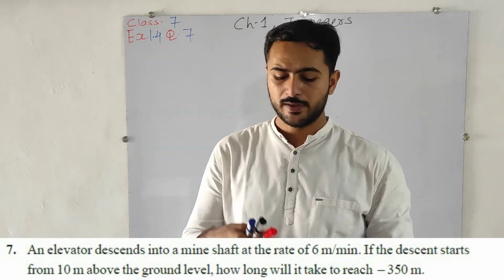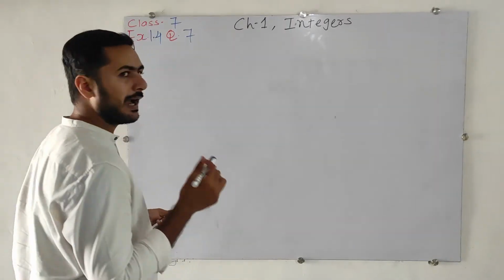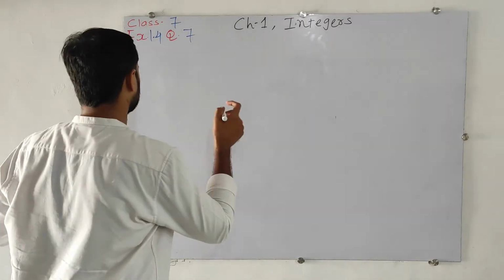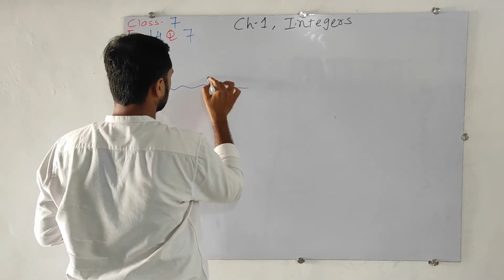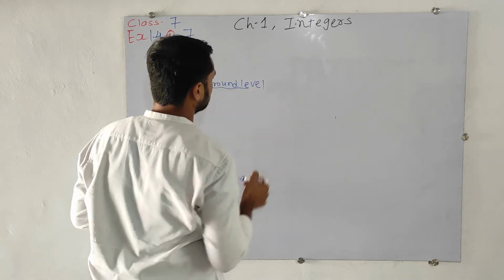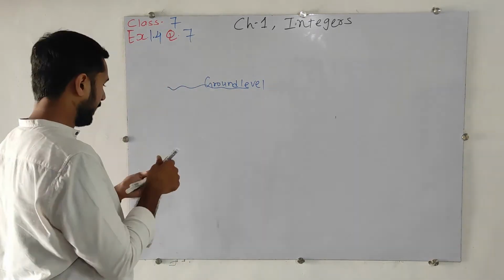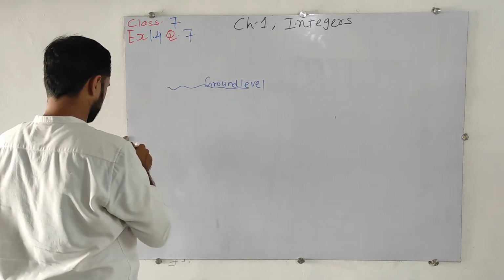Okay. So first of all, let's draw the figure to understand the question very well. Okay, there is a mine shaft, and suppose this is the ground level. This is the ground level, and the mine shaft is like this.